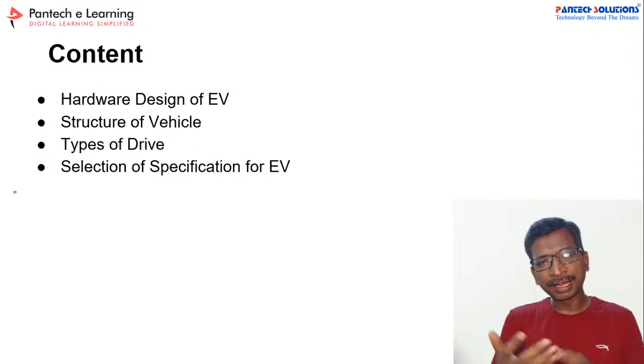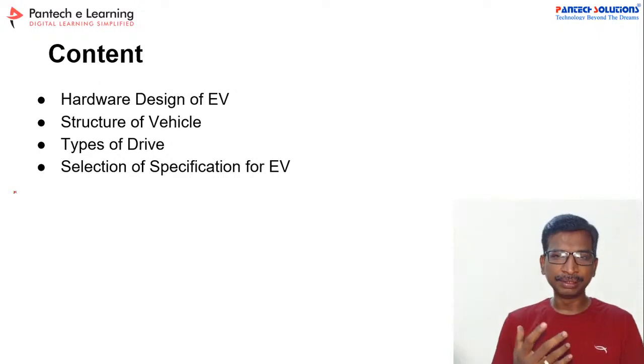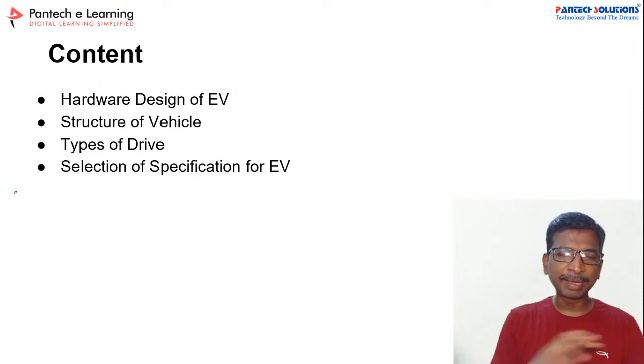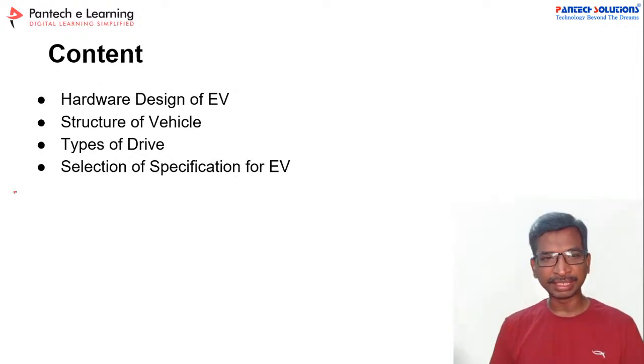And similarly, the components of the EV are very simple, right? It's not like an IC engine vehicle. It's an EV, so the entire mechanism is so simple. I will tell you one by one. So keep engaged with the entire class. And next one, the type of drives.